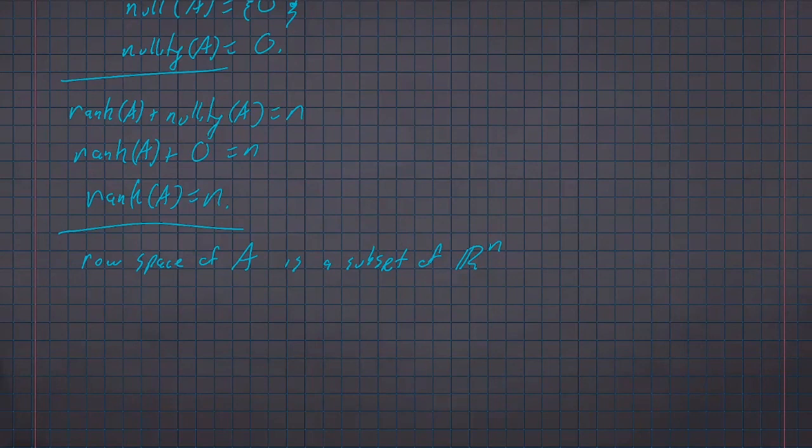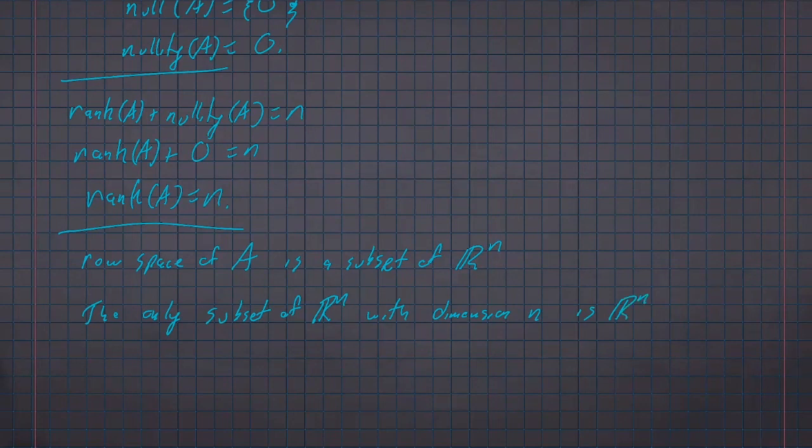Each row is a vector in Rn. A subset of Rn with dimension n is Rn.